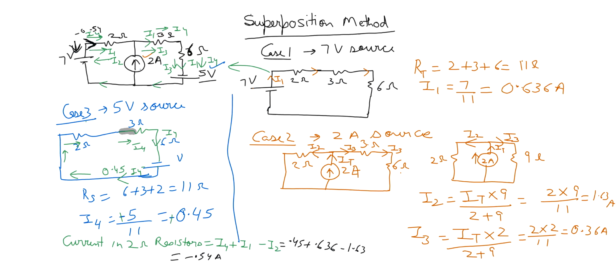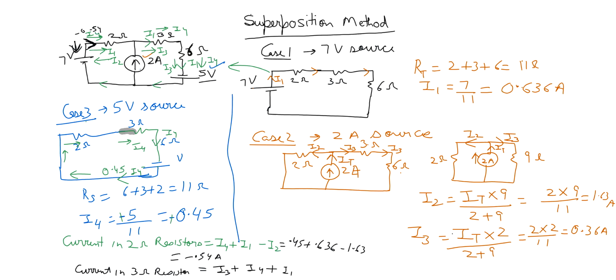Same way, let's find the current in the 3 ohm resistor. Direction of I3 plus I4 plus I1. They are all in the same direction.